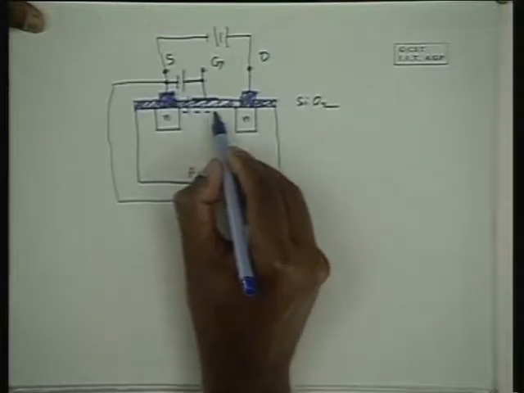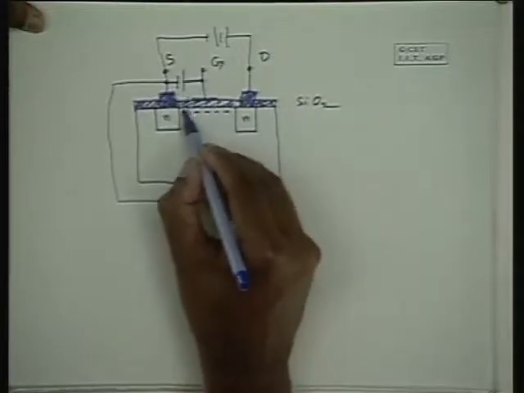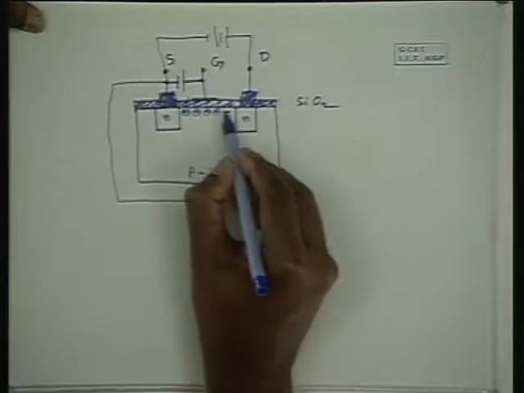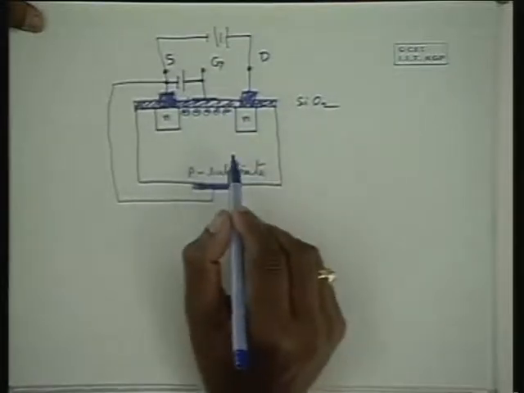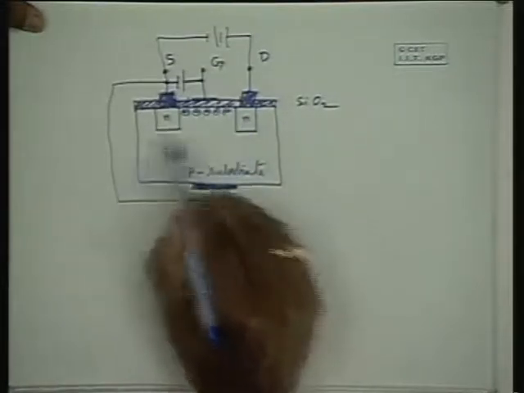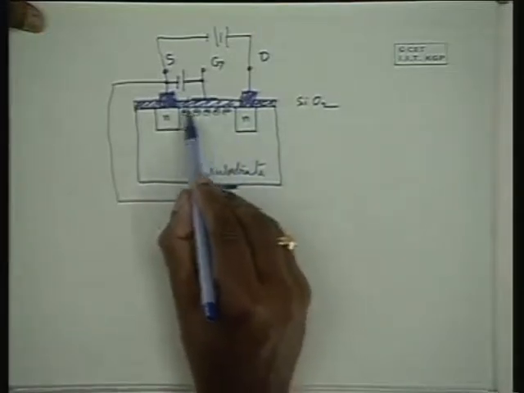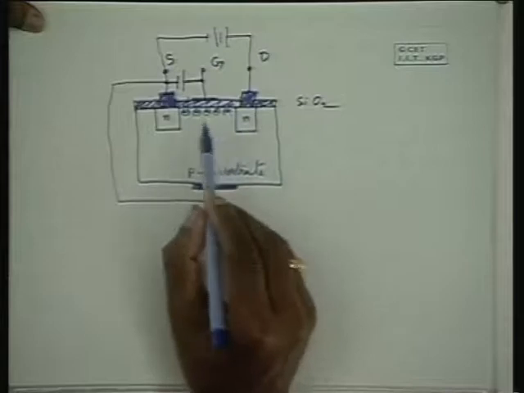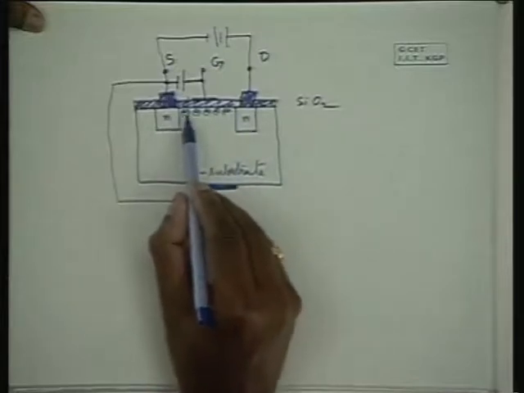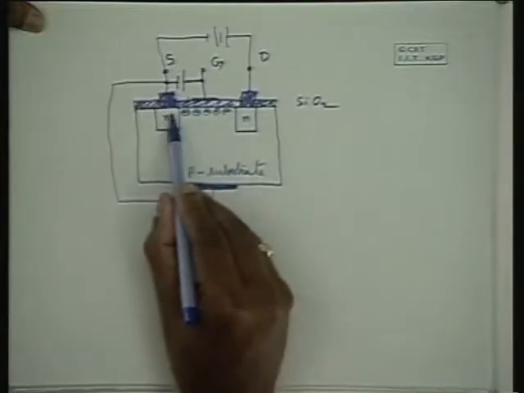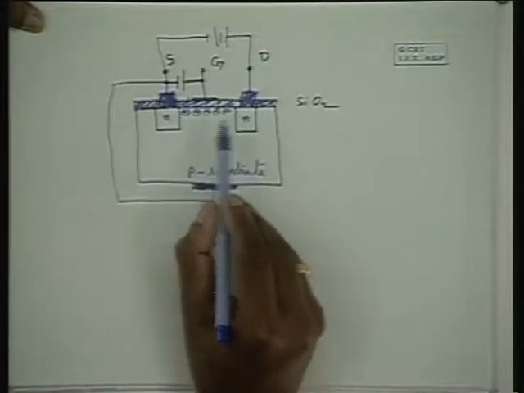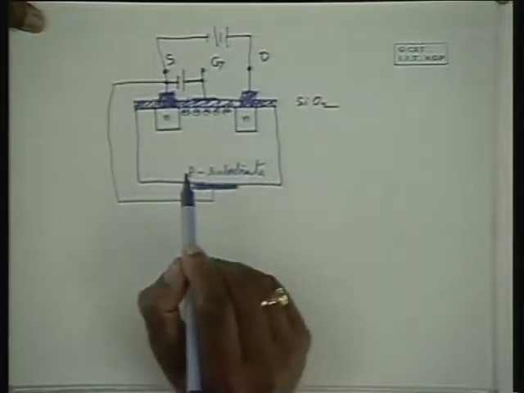So the electrons get accumulated here because of the field. These are the minority electrons in the P-type substrate, and these minority carriers form a channel between these two N-type regions.